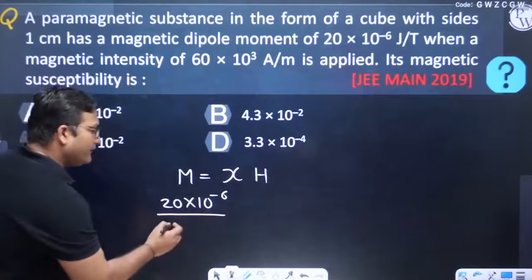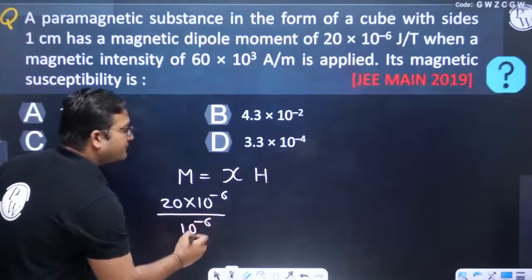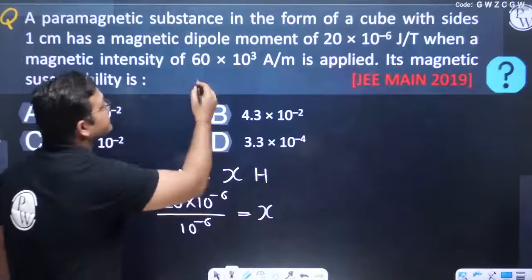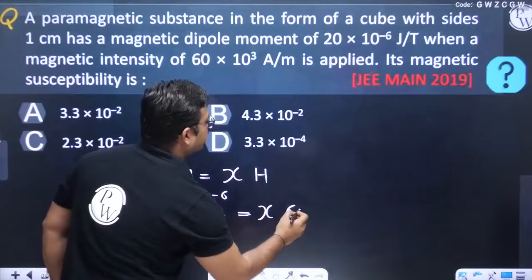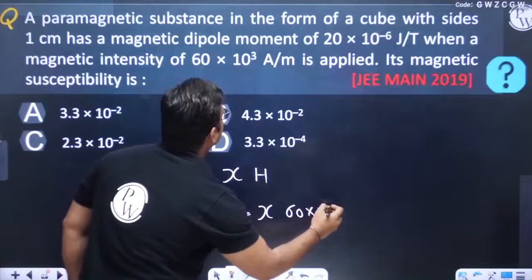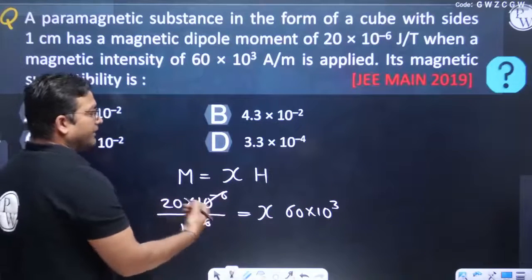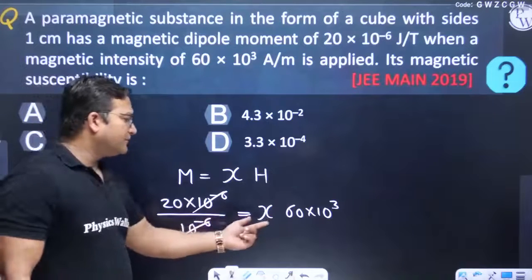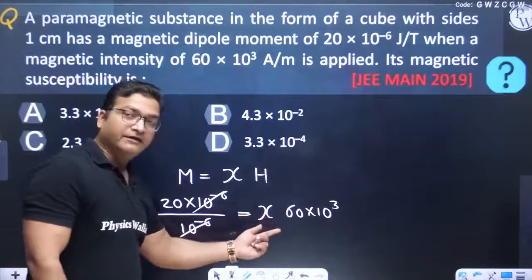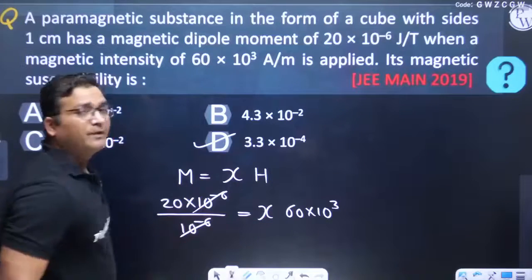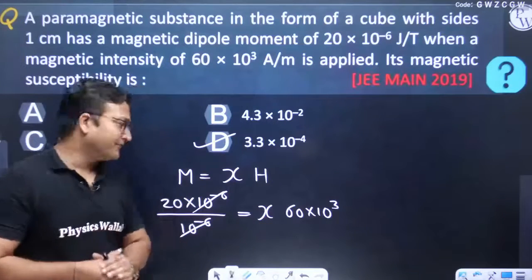But in meter cube, we have 10 to the power minus 6 meter cube, equals chi times H. And H is actually 60 multiplied by 10 to the power 3. These got cancelled, and now you solve for chi, and the value of chi will be nearly 3.3 times 10 to the power minus 4. So D is your perfect choice.